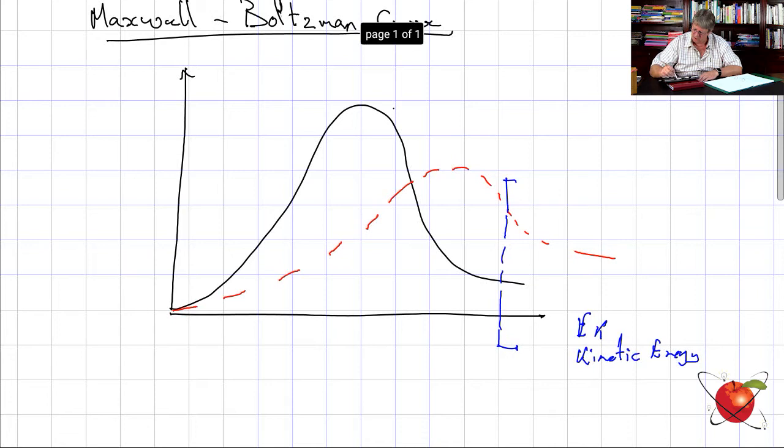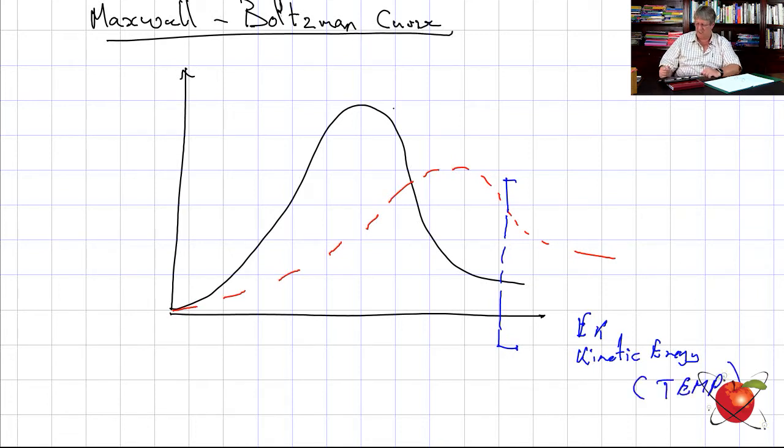Temperature as well is kinetic energy, isn't it? I'm going to label this as EA over there. I'm going to label this one over here in red as T1 and over there as T2.